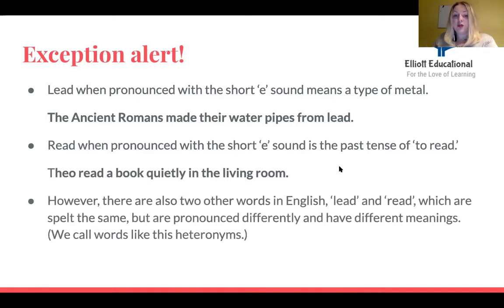However, there are two other words in English, lead and read, which are spelt the same but pronounced differently and also have different meanings. Words that are spelt the same but pronounced differently and have different meanings are a special type of word which is known as a heteronym, but we don't necessarily need to remember that today.